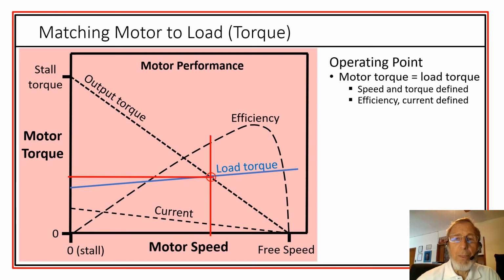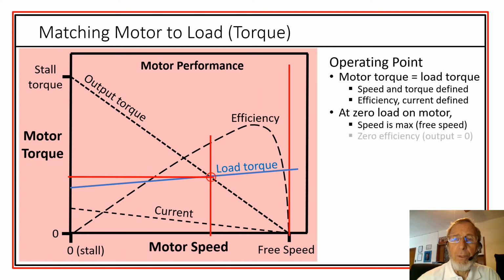Notice that this operating point indicates what the speed and torque are. The vertical line through the operating point defines the speed. The horizontal line defines the motor torque. Notice also that the efficiency can be defined vertically on that line as well.